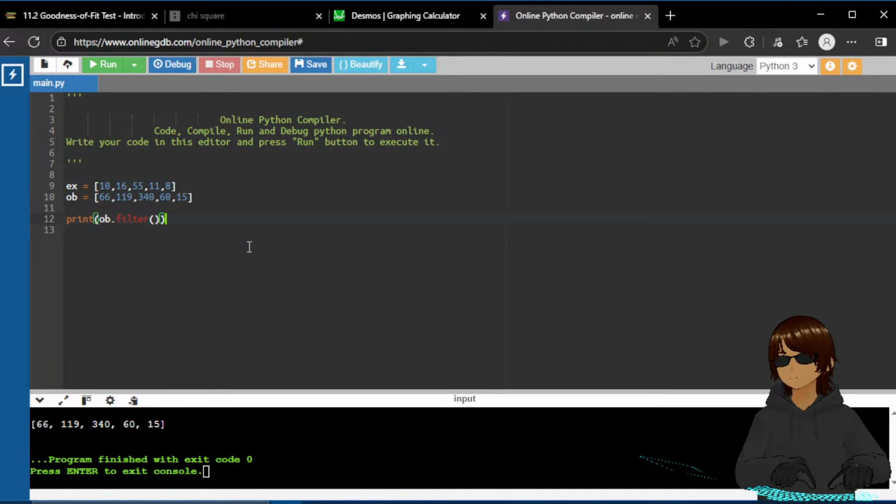I'll just use a for loop. I literally forgot everything. Wait. I in range.